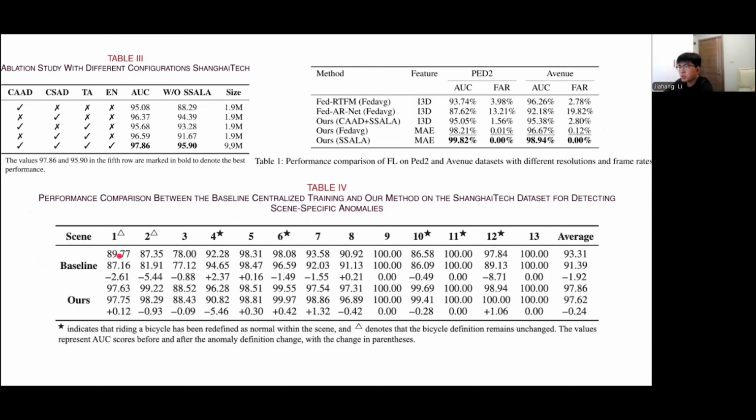The first row shows the original result. The second row shows the result with the redefined labels. And the last row shows the change in AUC scores. We can see that our method effectively handles label heterogeneity and can adapt to scene-specific anomaly definitions.